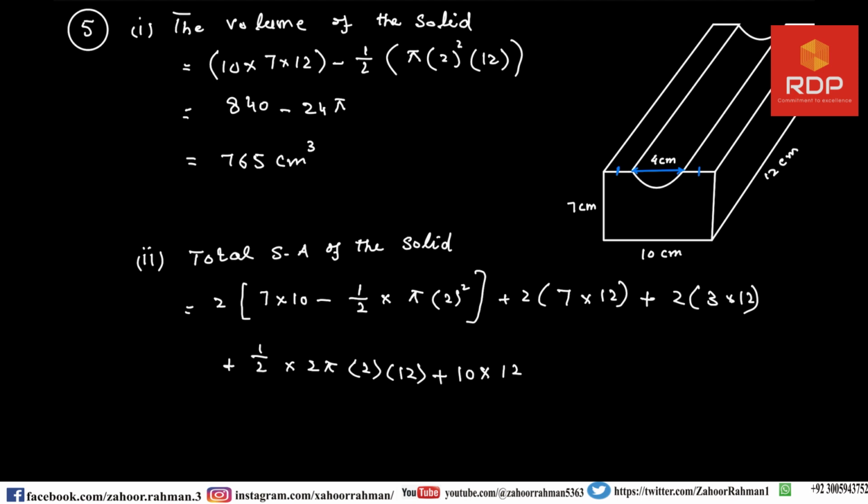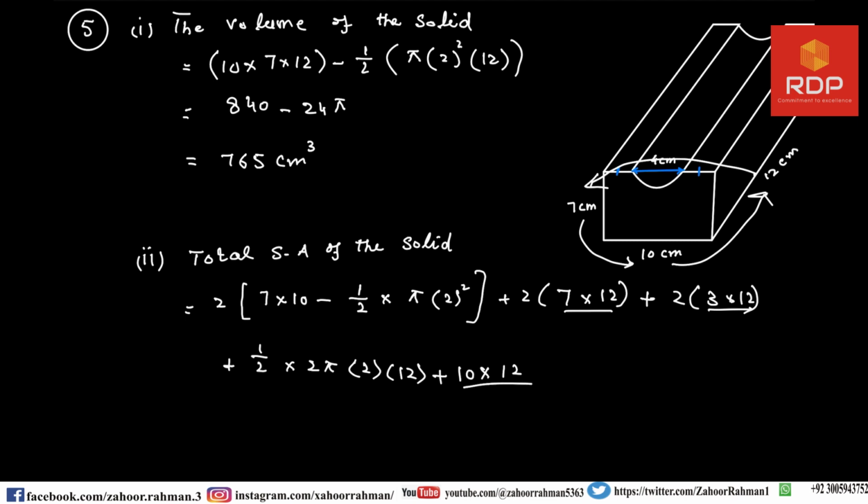First you have to multiply this with this, then this with this, and this with this. I told you that if you go to my previous lectures, then you will understand how we are getting 3 multiplied by 2, 7 multiplied by 12, and this 10 multiplied by 12.